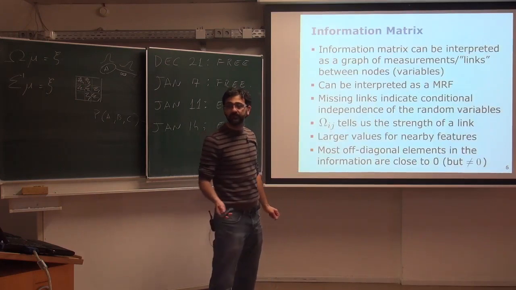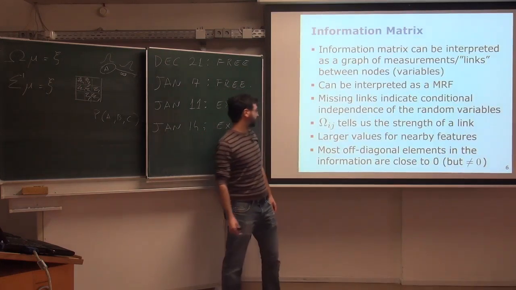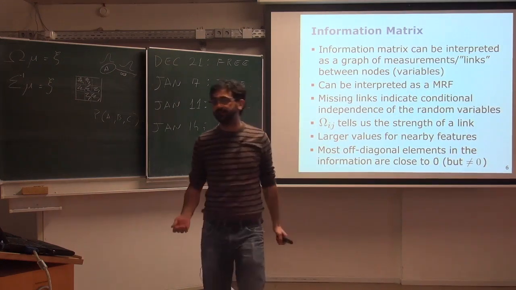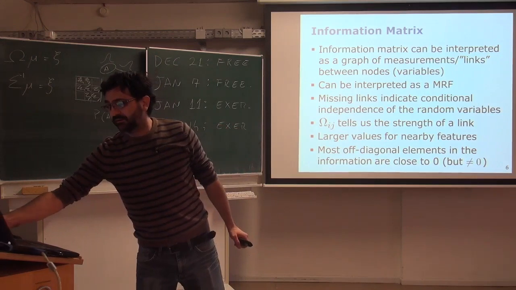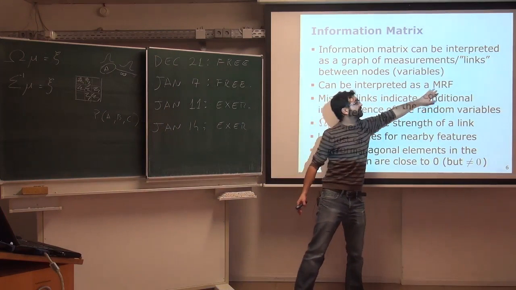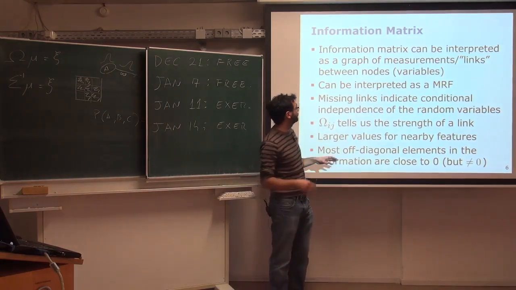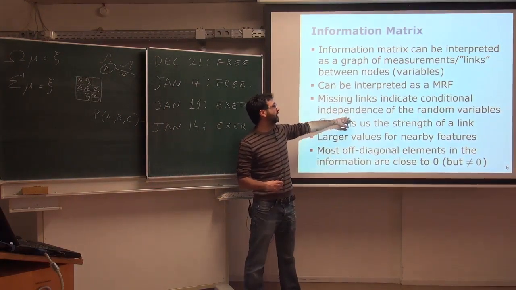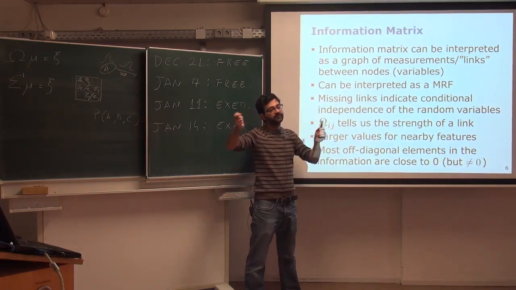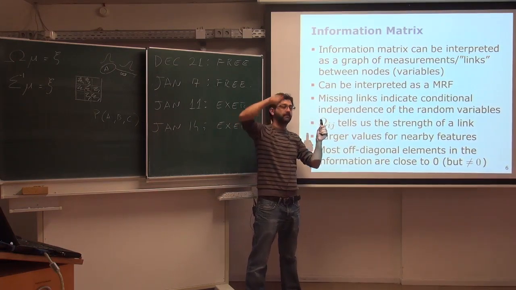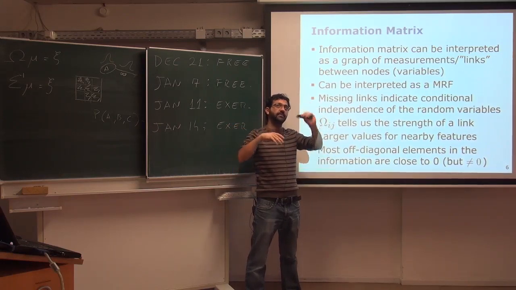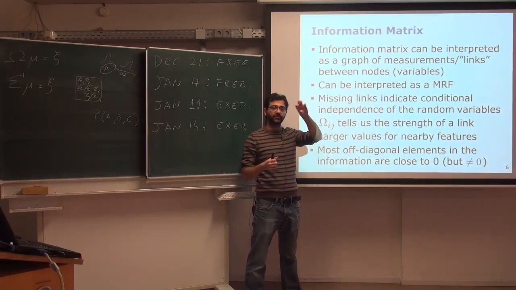Okay. So, basically, we discussed all this already, and it's just saying that there is an interpretation of the graph and the matrix in terms of a Markov random field and the associated adjacency matrix. The missing links are conditional independences between the random variables. So basically it says these two variables are conditionally independent given their Markov blanket, which is the direct neighborhood of a certain node in a graph.